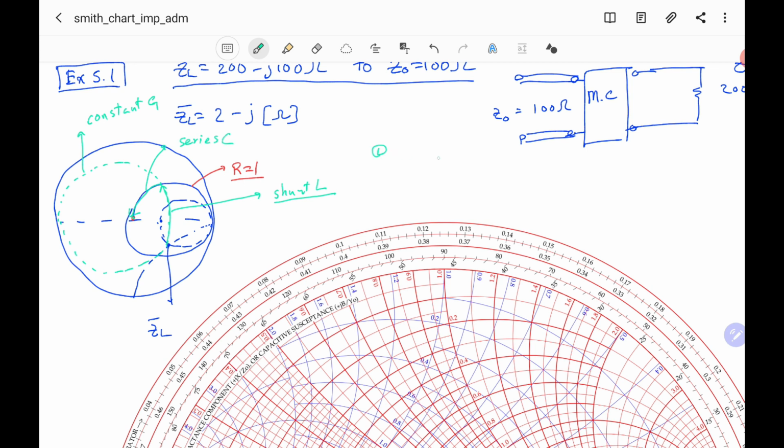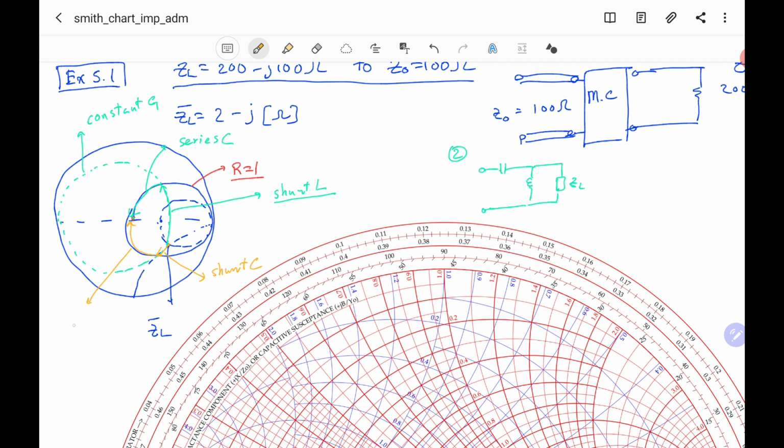So shunt L, then series C. Let's call this topology 2: shunt L first, and series C later. And another one is, from here we can move down. This is a shunt C. Stop at this r=1 position, then we can move up this way.